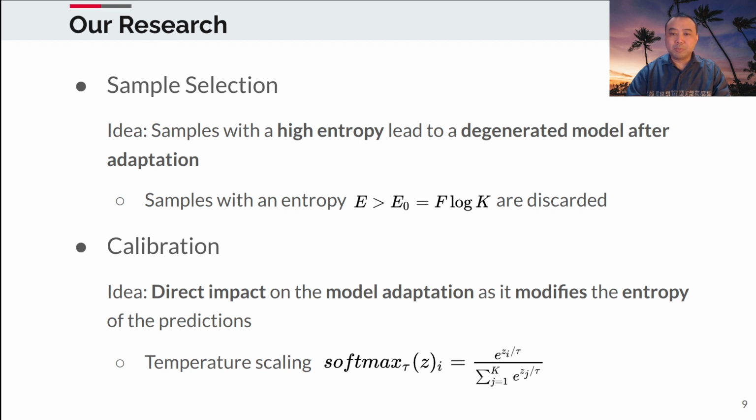The third group focuses on sample selection, with the idea that samples with a high entropy can lead to a degenerated model after adaptation. Finally, in the fourth group, we investigate the important concept of calibration, which has a direct impact on the model adaptation as it modifies the entropy of the prediction.